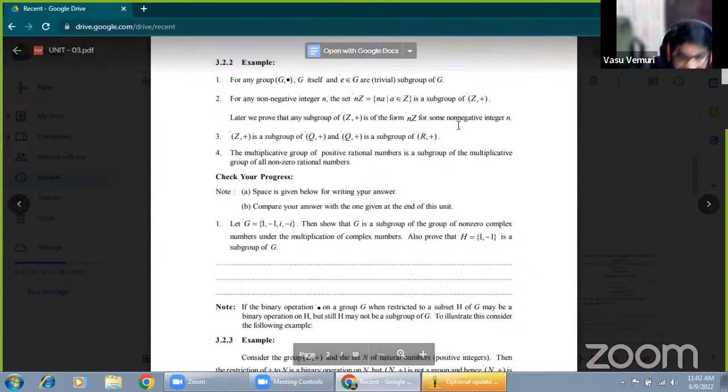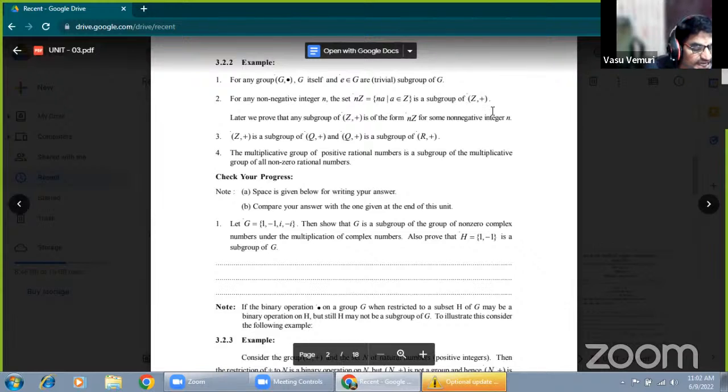That is also a subgroup of Z under addition. Z under addition is a group, and nZ is one of the subsets, and those elements are na1, na2, na3, and so on. These are all in nZ, which is a subgroup of Z under addition.